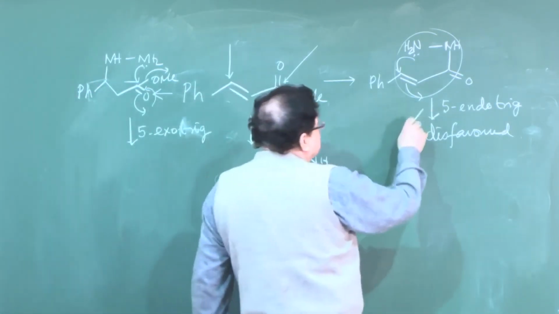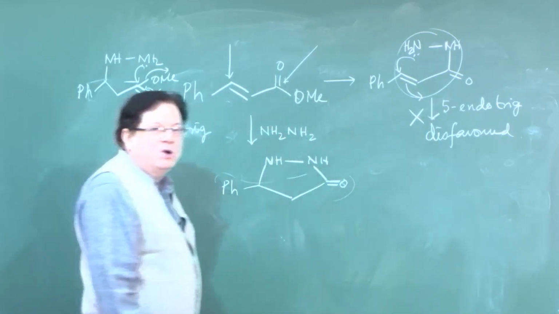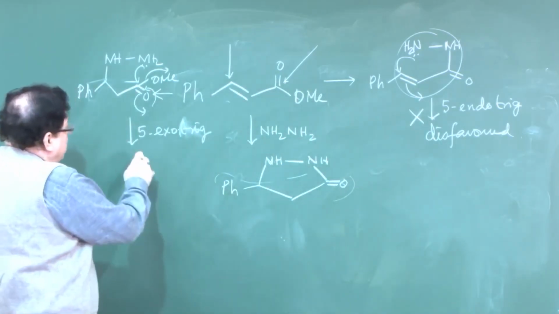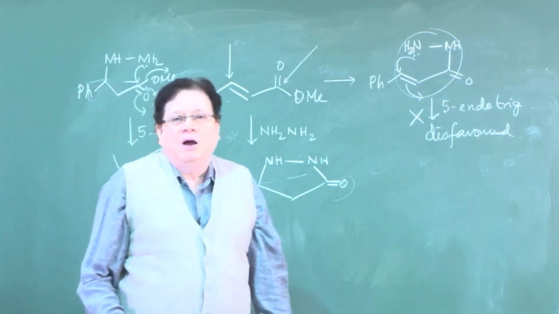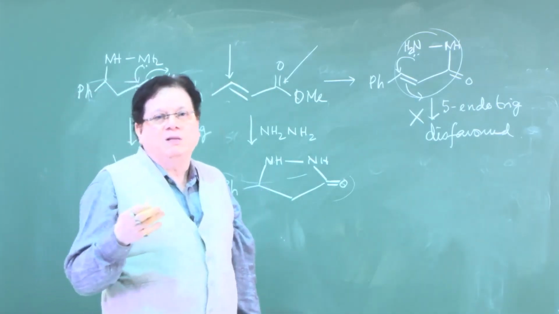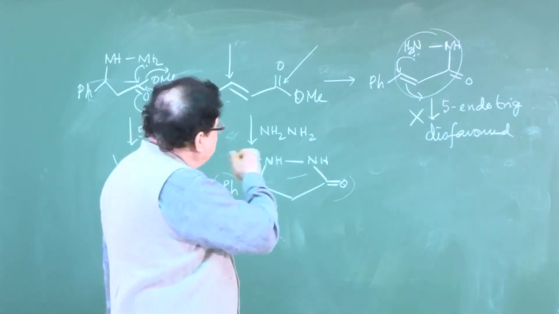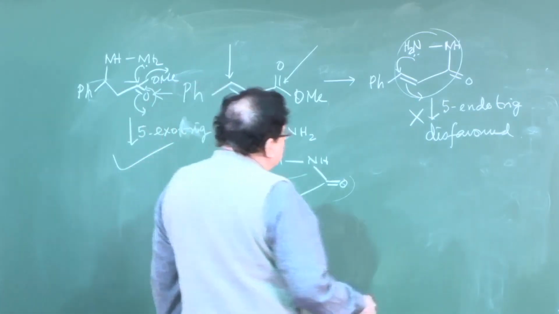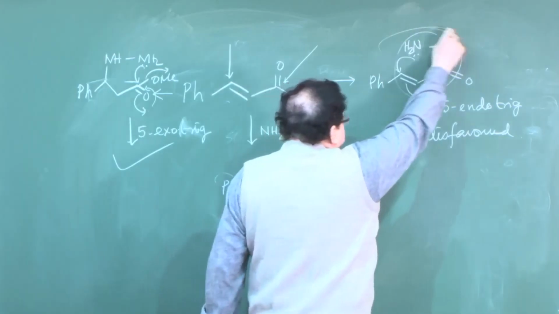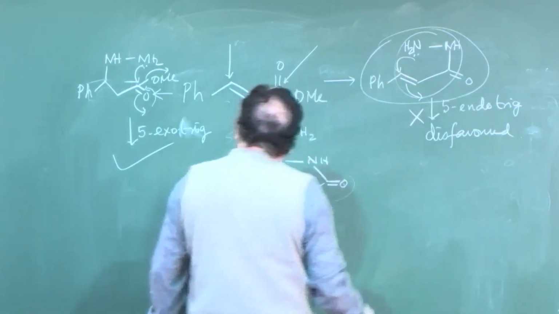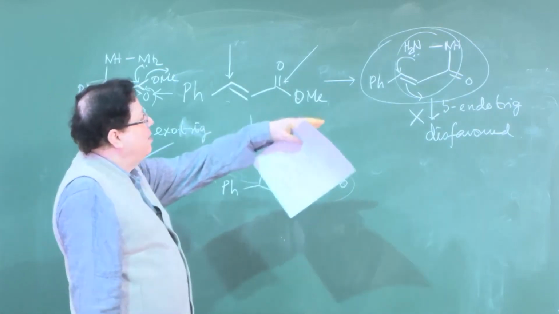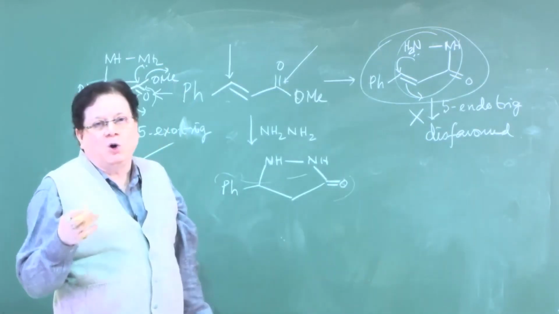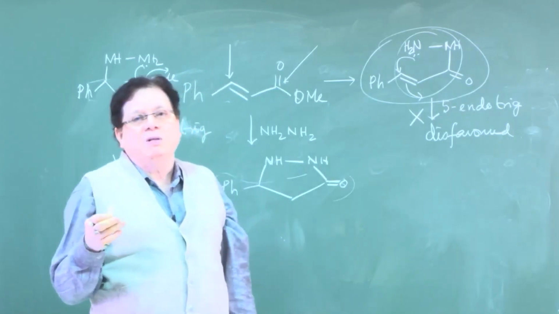Obviously this should not be the process, the mechanism should be this one, because this is allowed by Baldwin's rule. Now, you can actually have a proof for this mechanism, that one can make this intermediate by treating cinnamic acid salt or cinnamoyl chloride with hydrazine.